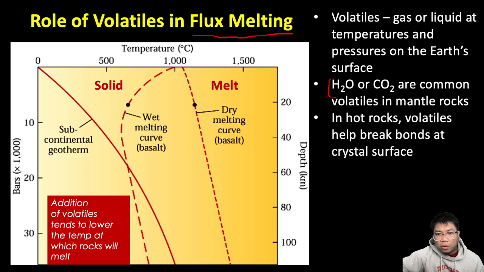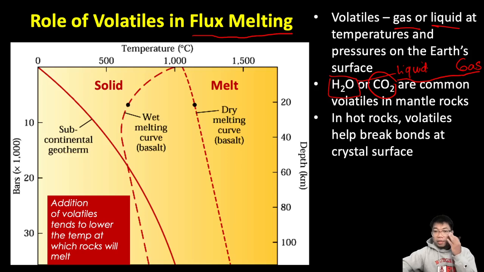H2O on Earth's surface is mostly liquid, or water, and CO2 on Earth's surface is mostly in gas phase. These are good examples of volatiles, and these two are also very common in mantle rocks.